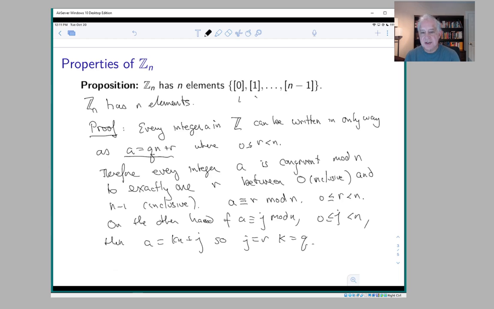And so the integers are divided up into these classes. One way to think about it, if you wanted to see this, you could write the integers like this. Let's say n is 5, just for the moment. You could write 0, 1, 2, 3, 4, 5, 6, 7, 8, 9, 10, 11, 12, 13, 14. And I guess we could count down as well.